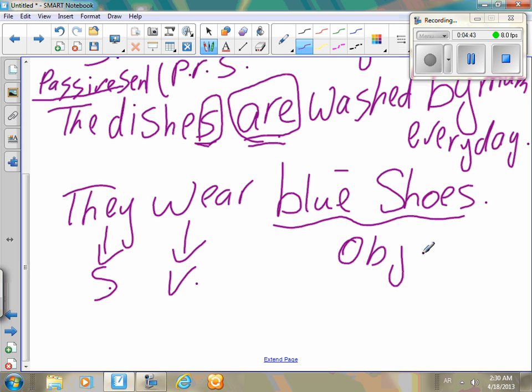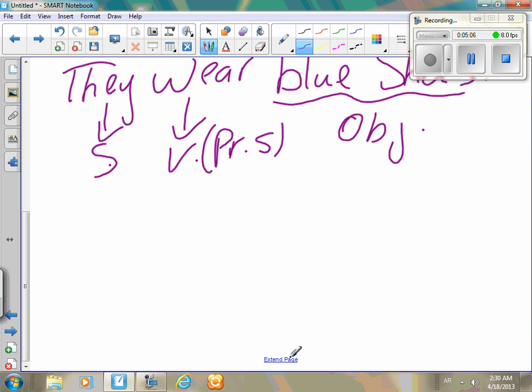Then we said the second step is to decide which tense, right? So, this is which tense? Present simple. And the third step is what? Move the object to in front. Blue shoes.